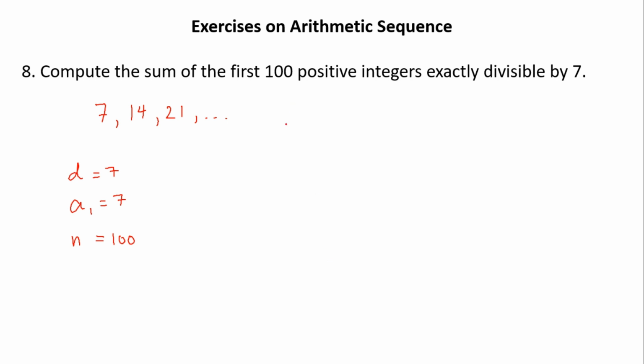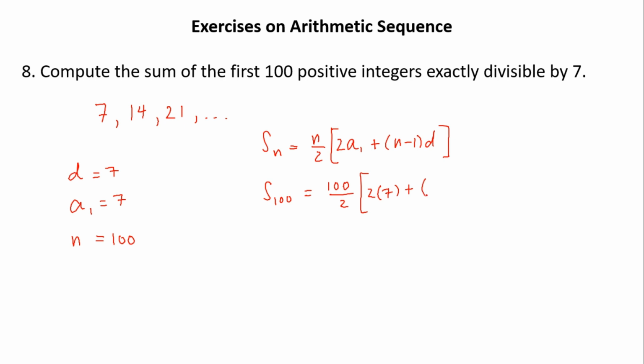So we can just use the formula S sub n equals n over 2 times 2a sub 1 plus n minus 1 times d. Plugging in, we have S sub 100 equals 100 over 2 times 2 times 7 plus 100 minus 1 times the common difference 7. Okay, so we have 50 times the quantity 14 plus 99 times 7.